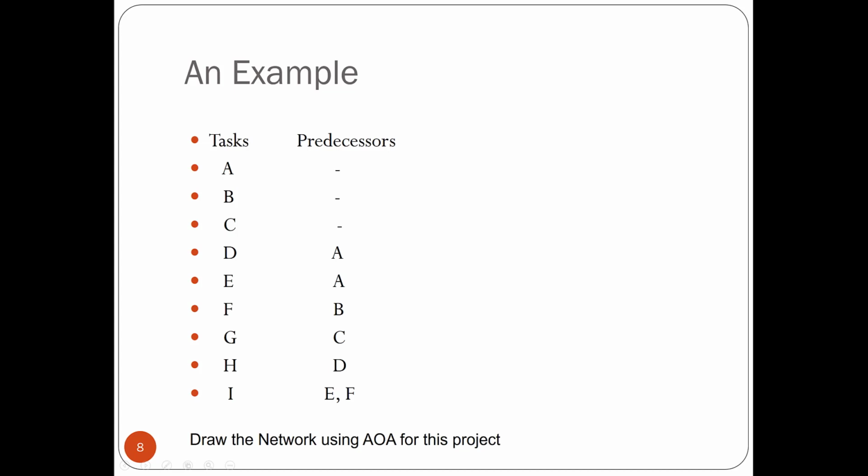Okay, so you would imagine that we will have 1, 2, 3 arrows. Now this represents the starting of the project. And then we would have A, B, C as the 3 activities that we finish first. And then we continue to look.